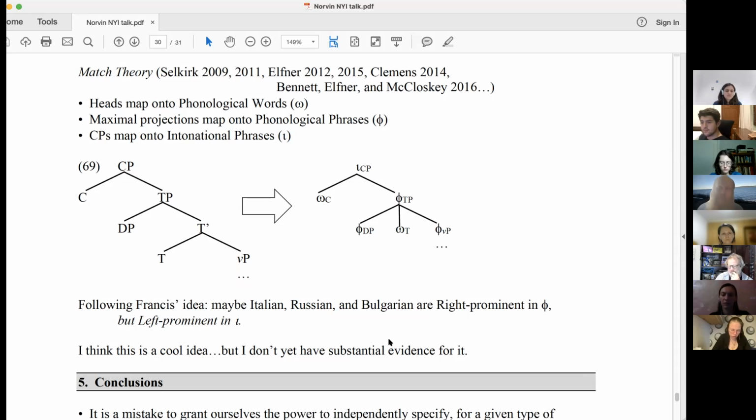And the narrow syntax is sort of paying attention to that as it's deciding whether to move things and where to move them to. But that's sort of the $1 million question. The question you're asking is, as we work on this, can we find out whether we need something like that, or whether we can make do with something like the classic system where the syntax does its thing and then the phonology messes with it.